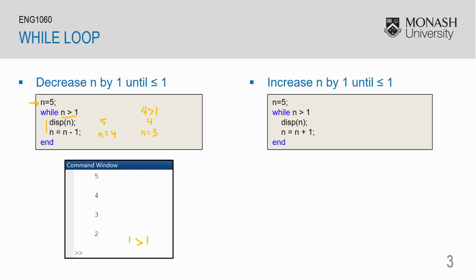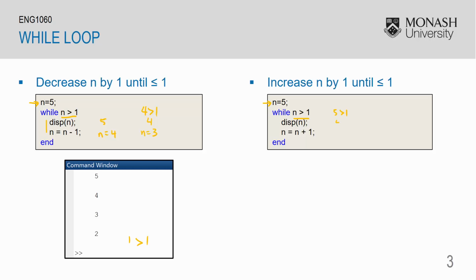In the next example, we are increasing n by 1 until it is less than or equal to 1. Again, we are starting off with n equals 5. So while n is greater than 1, we are using the same condition. Then we are displaying n and then increasing n by 1. So 5 greater than 1 is true.